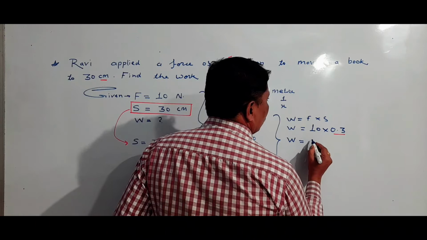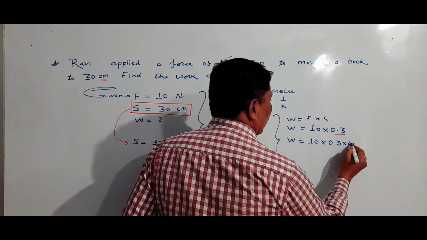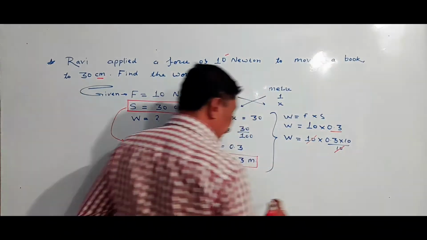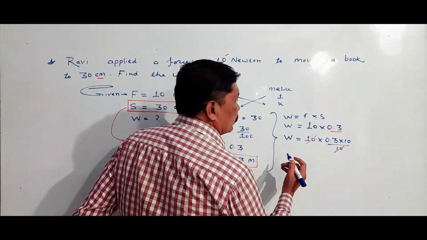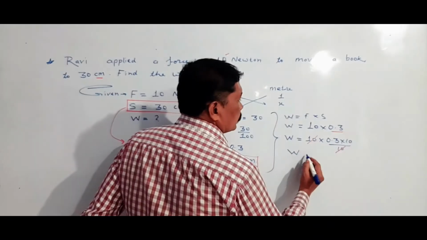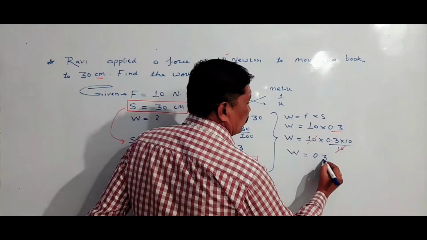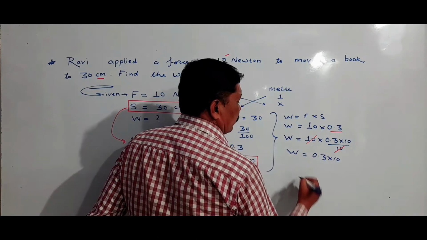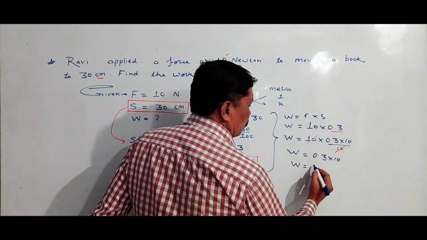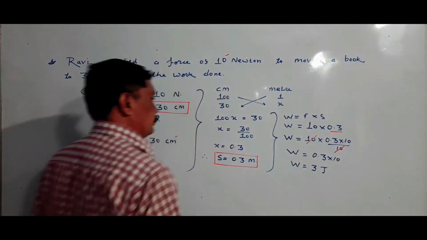W is equal to 10 into 0.3 into 10 divided by 10. 10, 10 cancel. W is equal to 3 into 1, W is equal to 3 Joule.